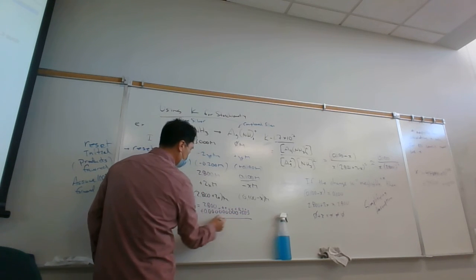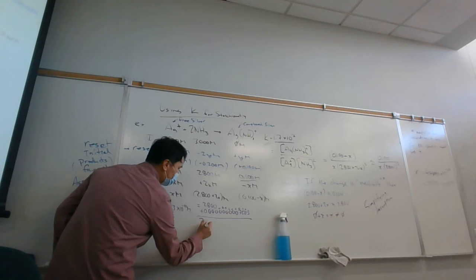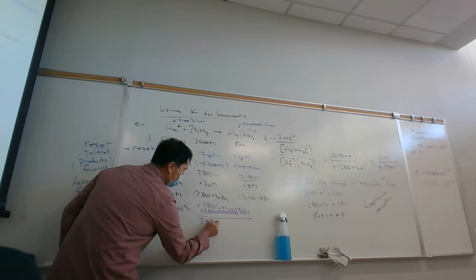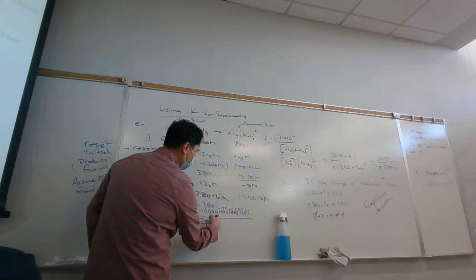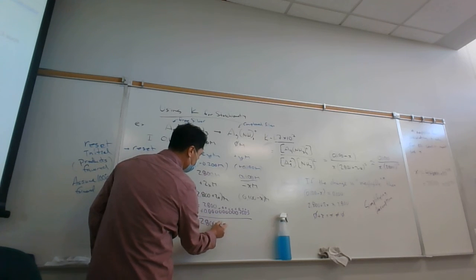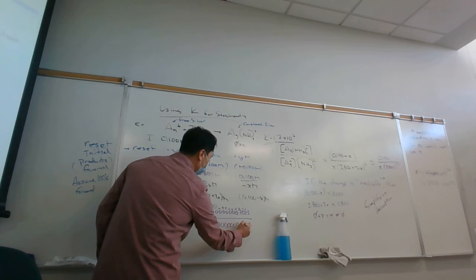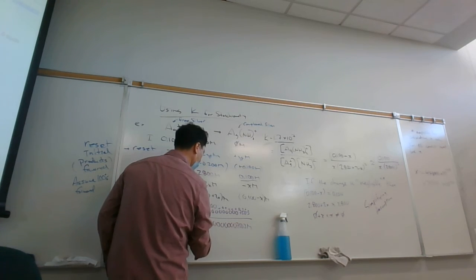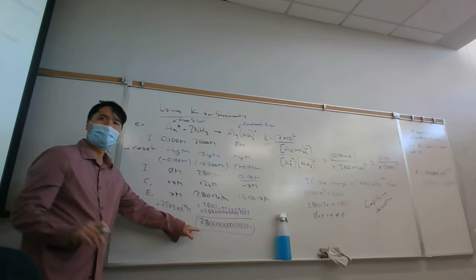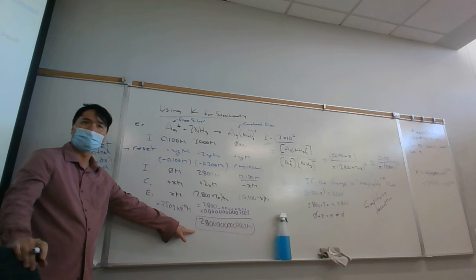So let's add some zeros there. And so this is going to come out to 2.800, then 6 more zeros, and then 7503. Was that kind of a negligible change there?